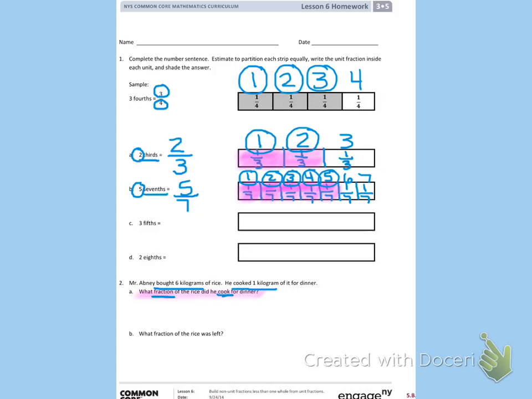Even though I think I know the answer right away, I know that I should show my work so my teacher knows how I was able to get the answer. I could use a rectangular strip illustration for this problem just like I used it for the problems above. If Mr. Abney bought 6 kilograms of rice, I could make a rectangular strip that had 6 equal parts.